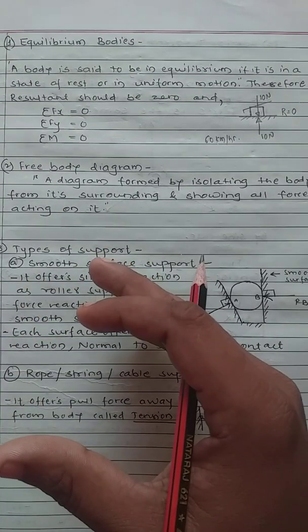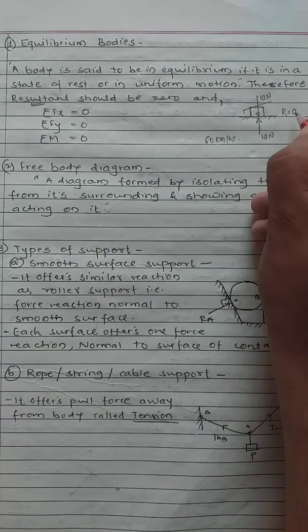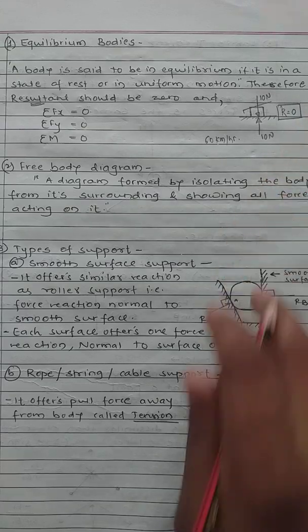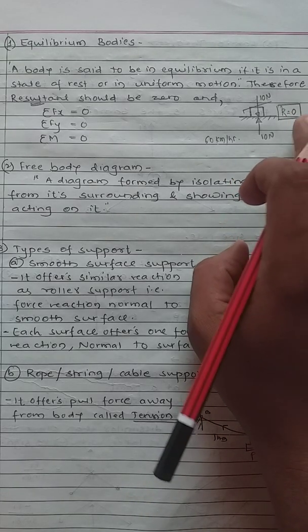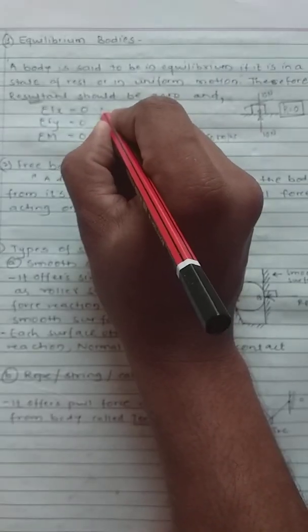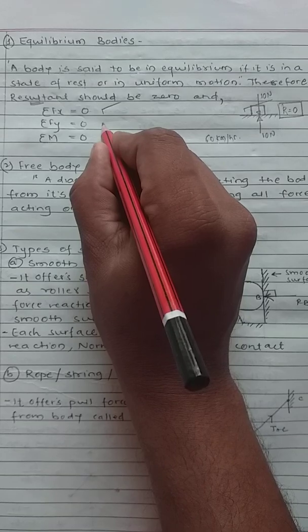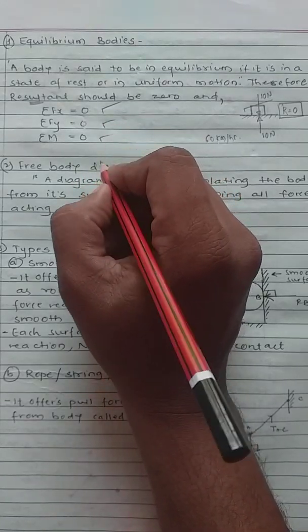When the body is in equilibrium condition, its resultant is 0, so the net force acting on the body will be 0. Therefore, if the resultant is 0, we consider summation of Fx equals 0, summation of Fy equals 0, and summation of moment of forces equals 0.